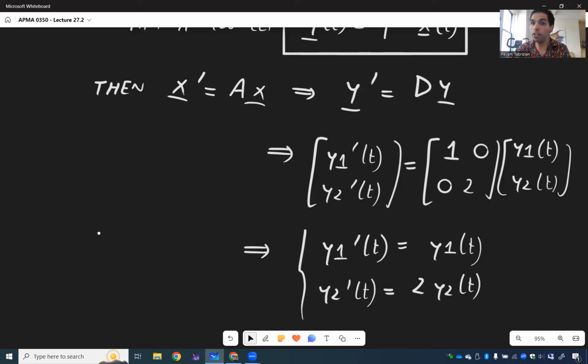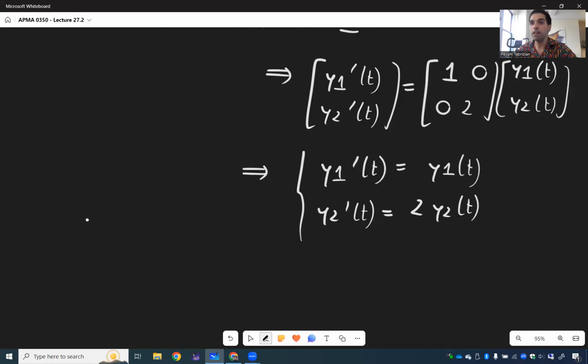But what's the point of that? The point is this system becomes much easier to solve because it's decoupled. Because remember, that was one of our problems with systems of differential equations, where all the functions were jammed together.